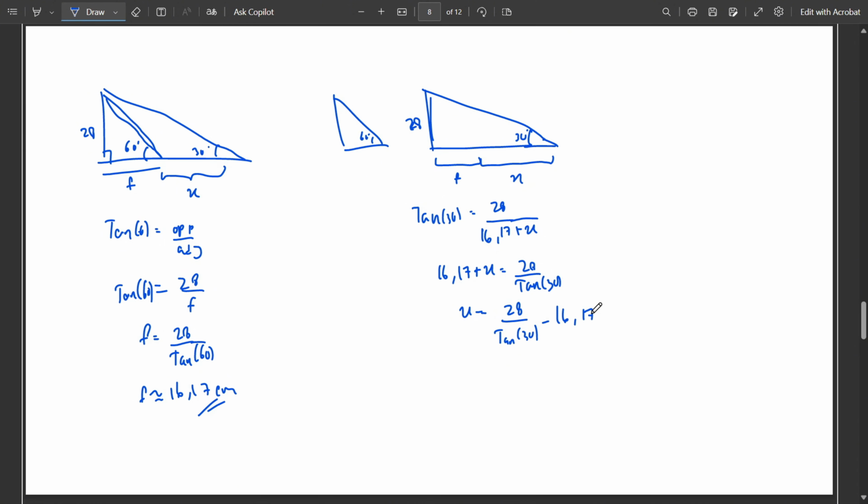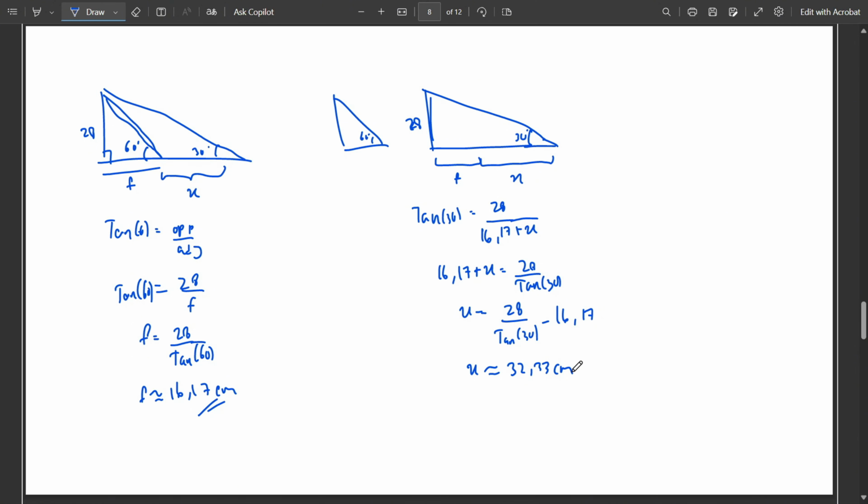Using your calculator, 28 over tangent of 30 degrees, and then we minus 16.17. Okay, well, we have x equals 32.32, approximately 32.33 centimeters. Okay, nice, we found x.